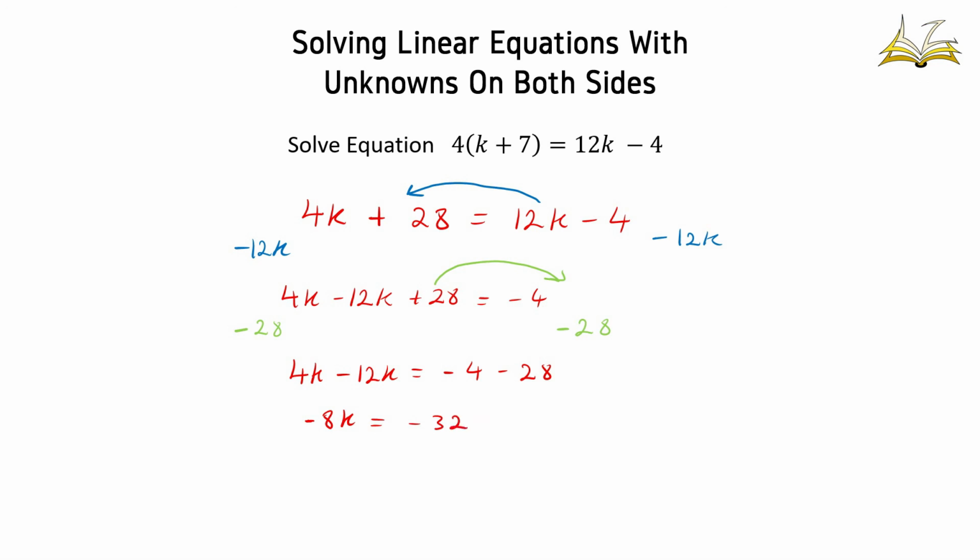Now to get k on its own, you divide both sides by -8. Doing so leaves us with k being equal to -32 divided by -8. So k equals 4, same as what we got previously. It doesn't really matter which way you approach this type of question. As long as your maths and balancing is correct, you will always get the same answer.